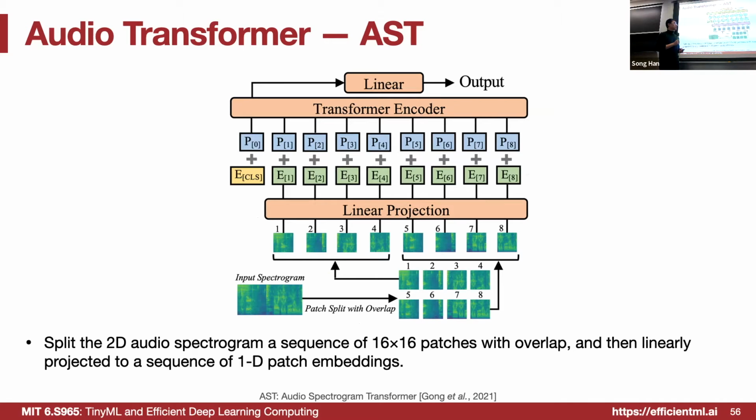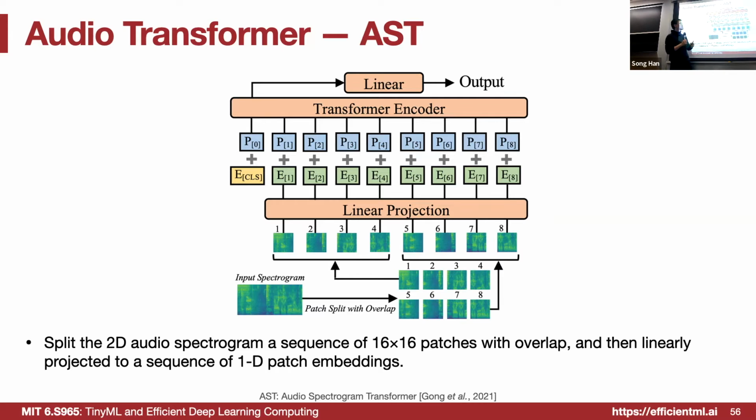There is also the audio transformer. If you get a spectrogram of audio, it looks very similar to an image: the strength of different frequencies. Therefore, we can chop it into different patches. For each patch, we run a linear projection so that they become tokens.